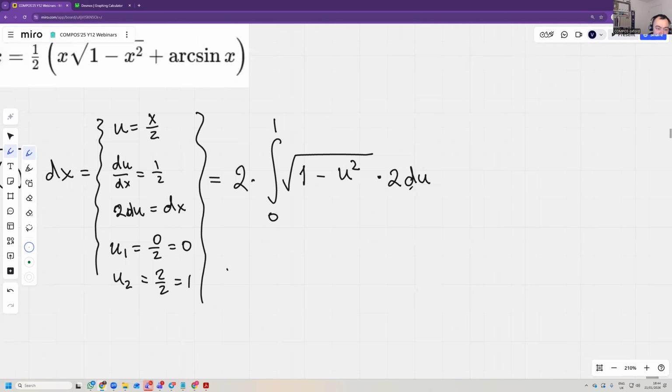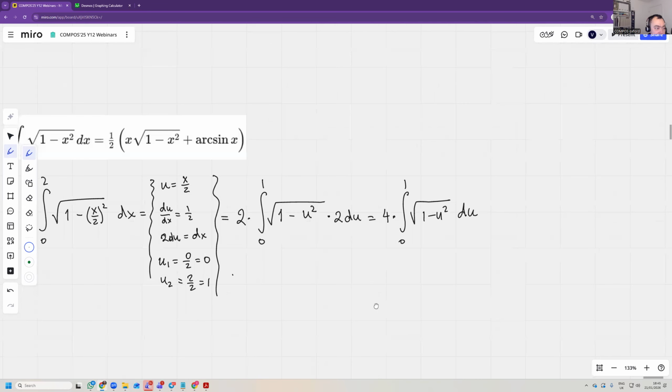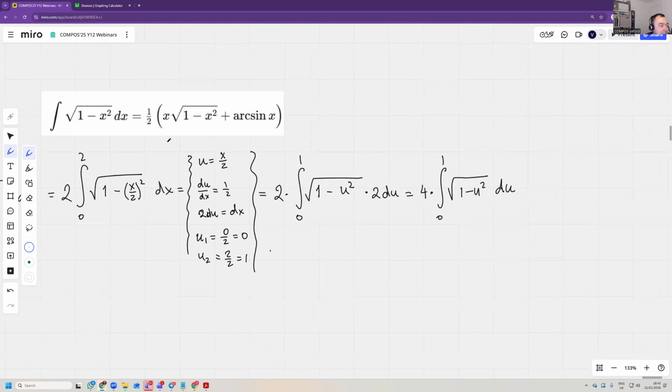And once again, I'm allowed to take the 2 out. So it's going to be 4 multiplied by the integral from 0 to 1 of square root of 1 minus u squared du.